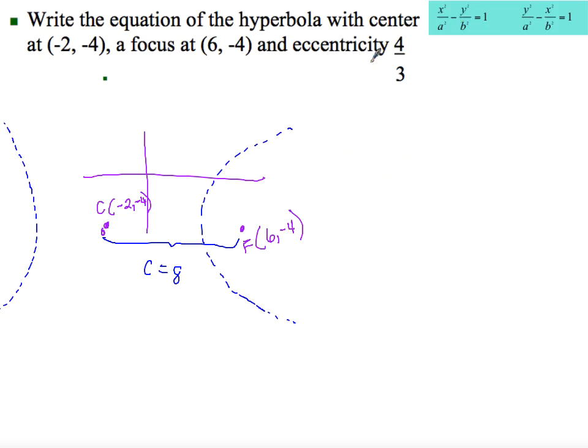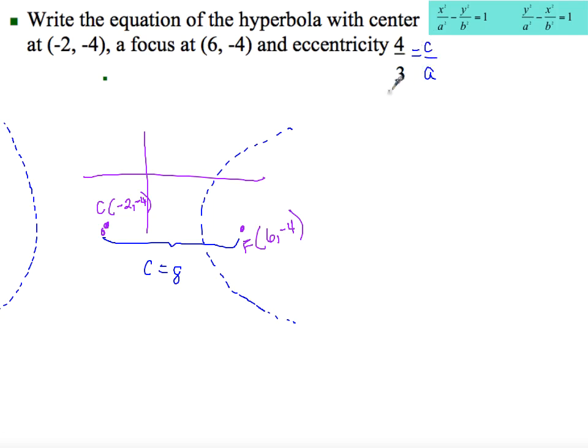What was the eccentricity again? The eccentricity of this equation was always the c value divided by the a value. C divided by a. But wait a second. We said that the c value was 8, but this says c is 4.